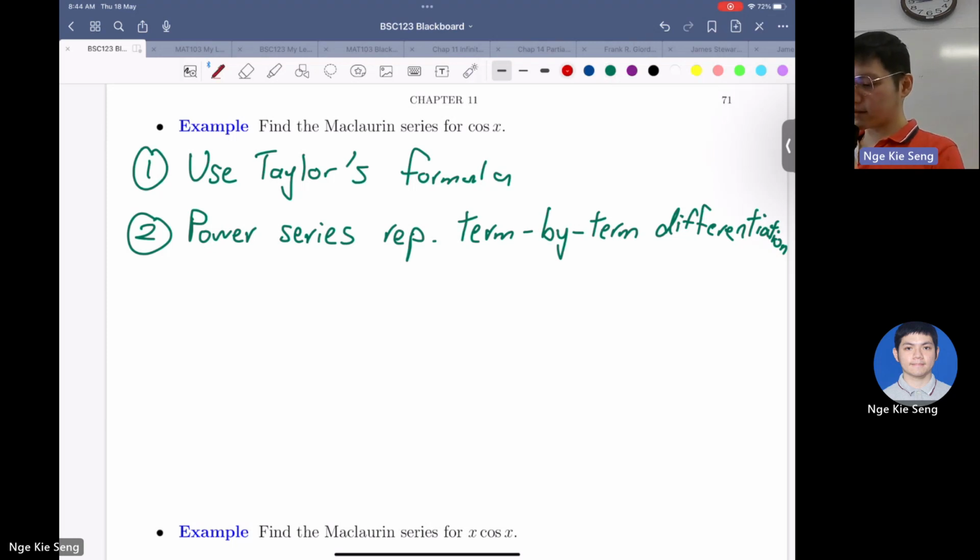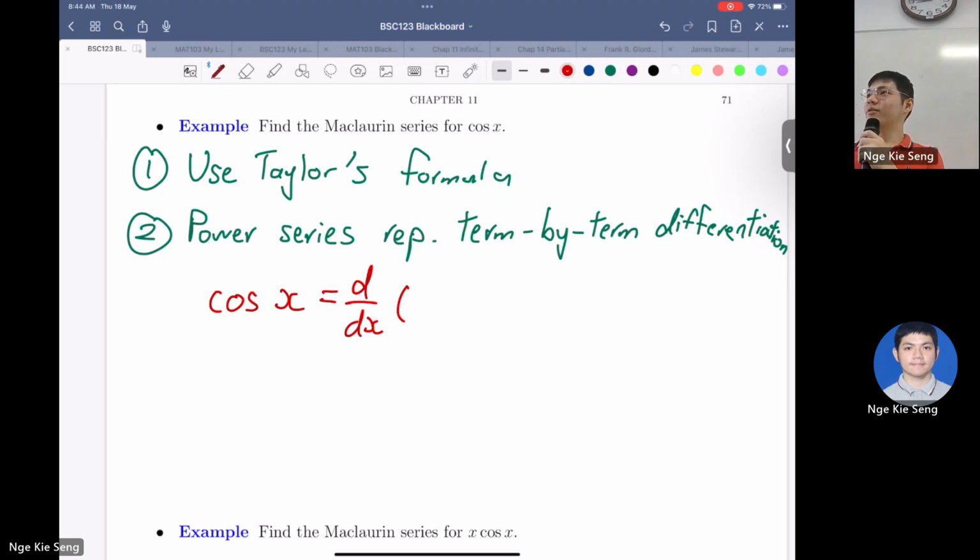So what's cos x? We need to make use of what we have before. Cos x is equal to the derivative of sine x. But sine x we know how to express in terms of a power series, or we know the Taylor series already.